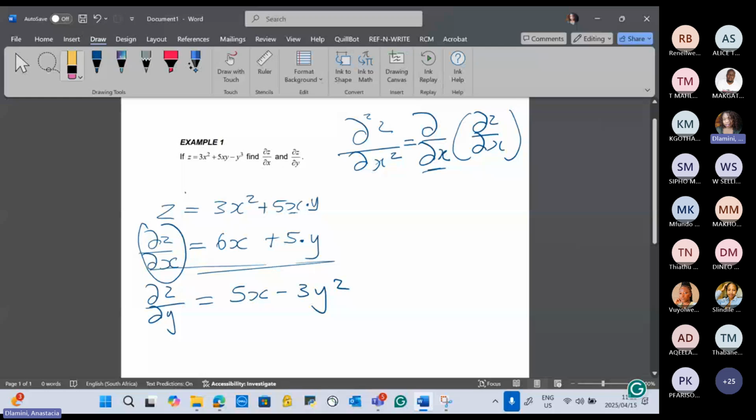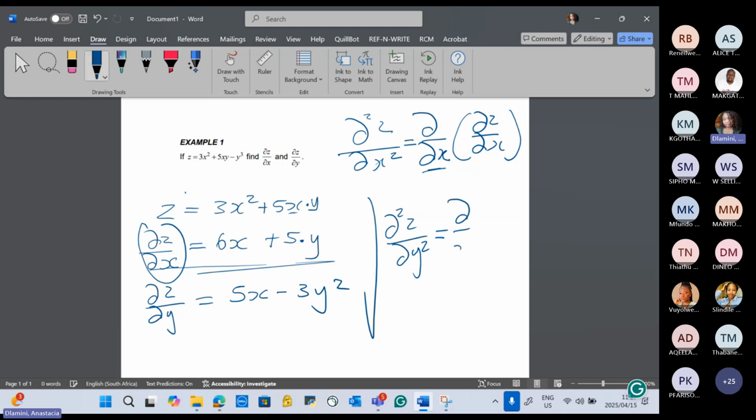The same applies for the second order partial derivative with respect to y: you take the partial derivative of the partial derivative of z with respect to y, and differentiate again with respect to y. That's that one.